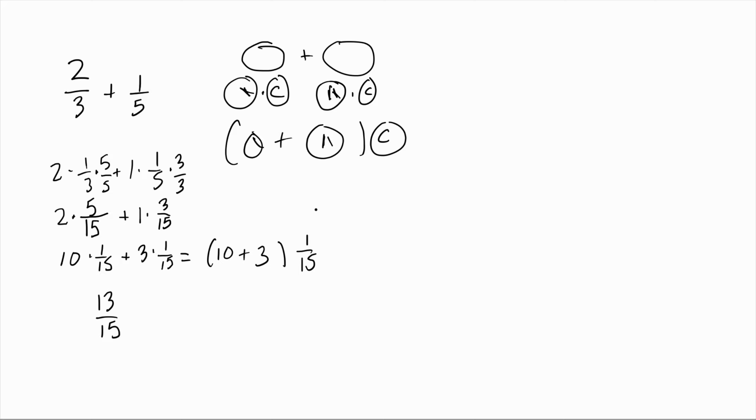So let's apply this basic idea to the following. What if we had x over 2x plus 1, plus 1 minus x squared all over x plus 1 times x?